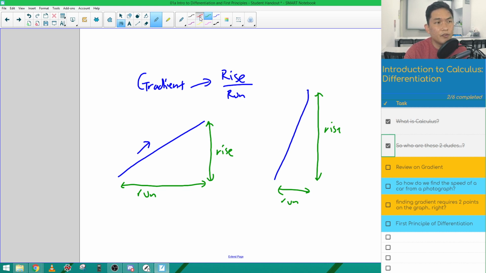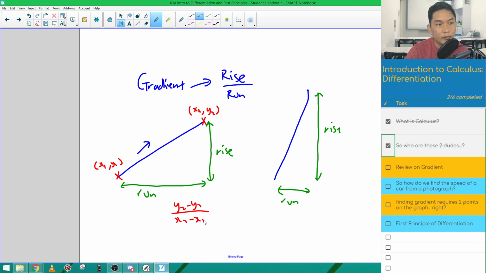Some of you might be more familiar with the formula. Say if this slope exists on the Cartesian axis, so you have two coordinates. I'm going to call this one at the end x2, y2. This is x1, y1. And maybe you memorized the formula: y2 minus y1 divided by x2 minus x1.